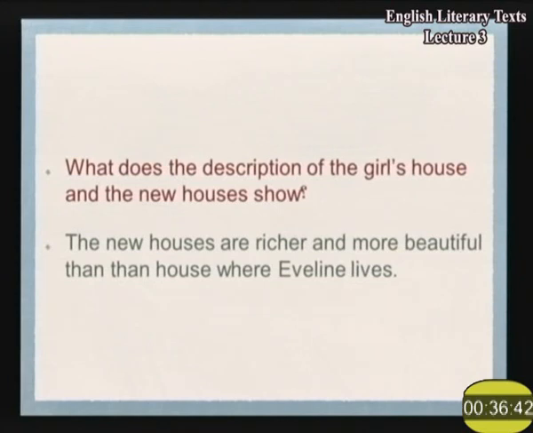When we come to analyze, we will speak a lot about what a narrator is, a rawi. The narrator is the person who is telling us the story. Now, it is evidently the story of Evelyn, but she is not telling us the story. Somebody, a narrator, whose name we don't know, who's not a character in this story, is telling us the story of Evelyn.